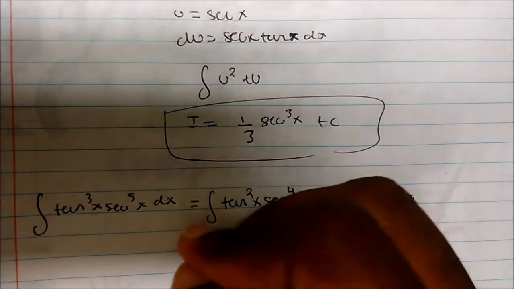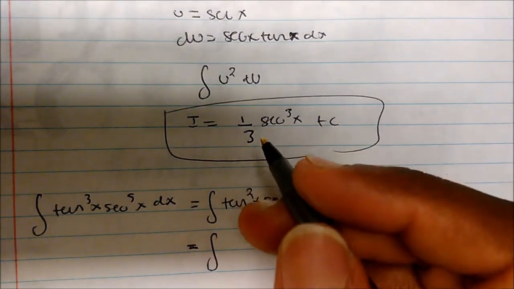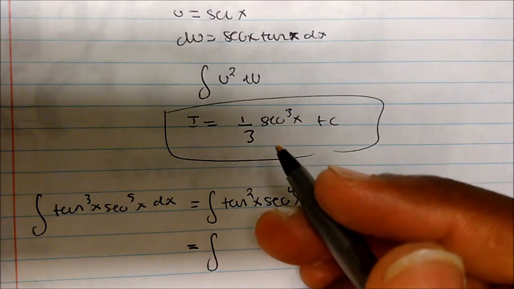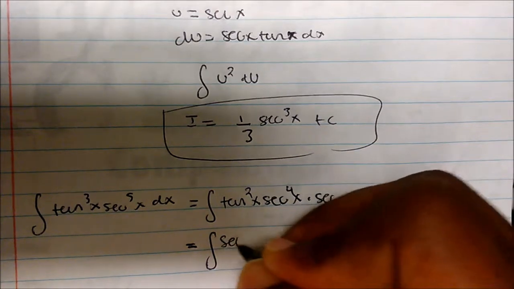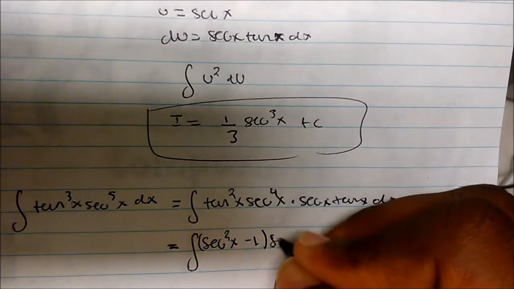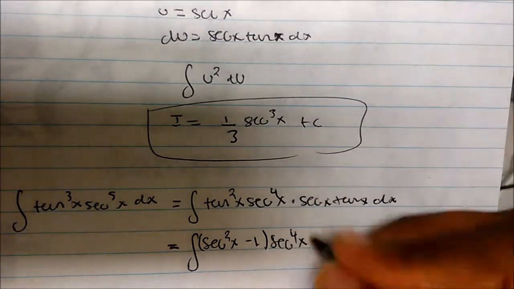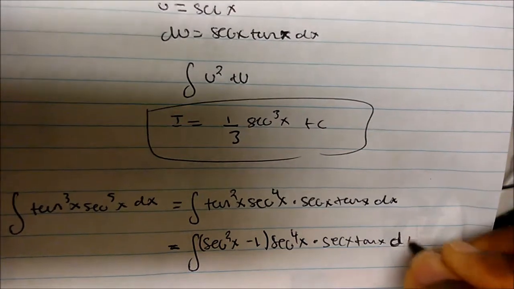And so in this case, we've got to fix this. We could fix this by using the identity, okay? And so we know tangent squared of x happens to be secant squared of x minus 1. And that is multiplied by secant to the fourth of x times secant of x tangent of x dx.